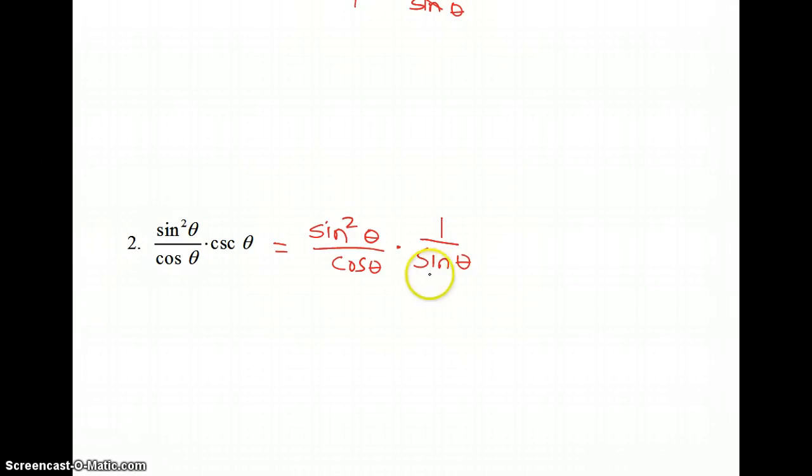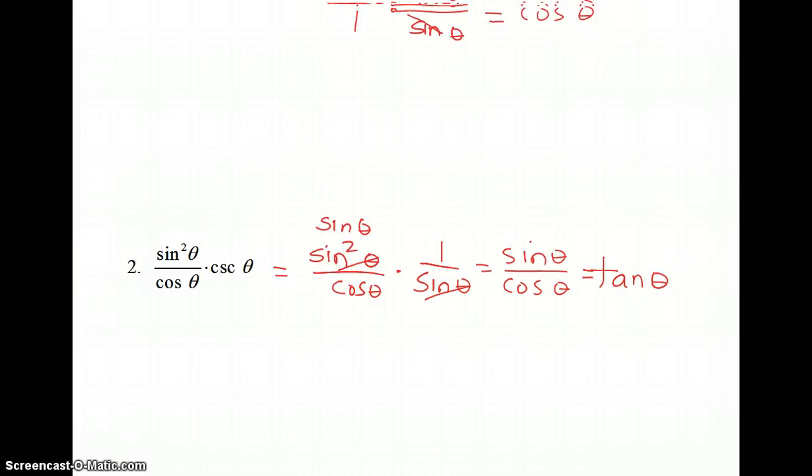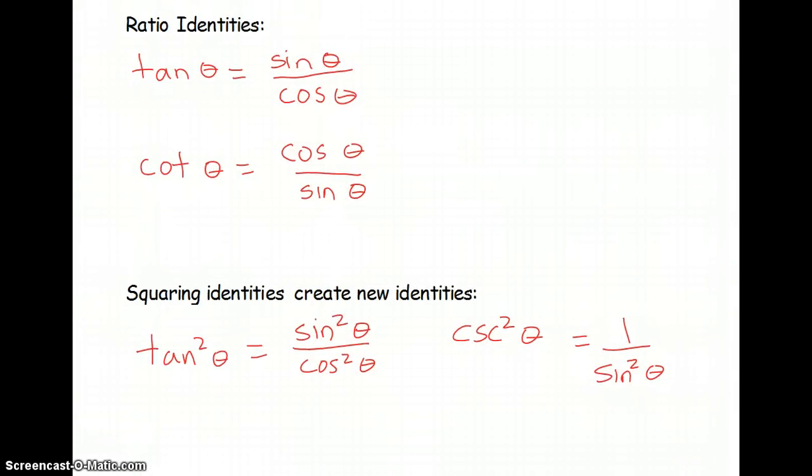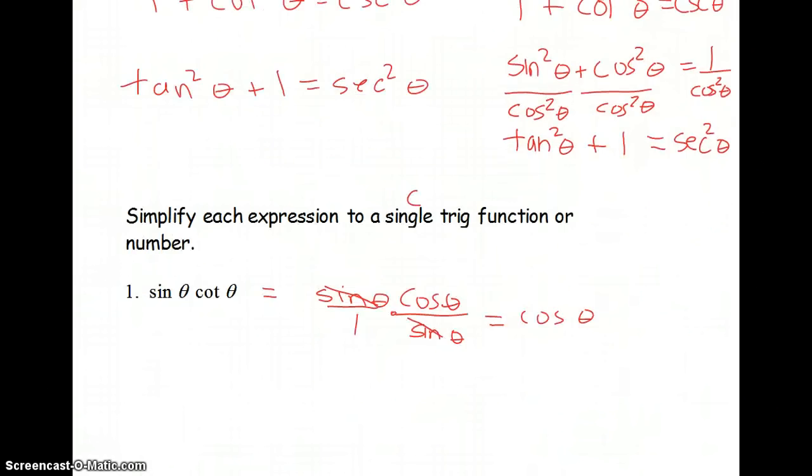Well, these two are going to cancel out. And I'm going to be left with just one sine of theta up here. So I end up with sine theta over cosine theta. So it's still not 1 yet, but we learned up there a minute ago that what's equal to sine theta over cosine theta? Tangent of theta. So you have to memorize that so that you're easily able to go back and know that I can replace tangent of theta with sine theta over cosine theta.